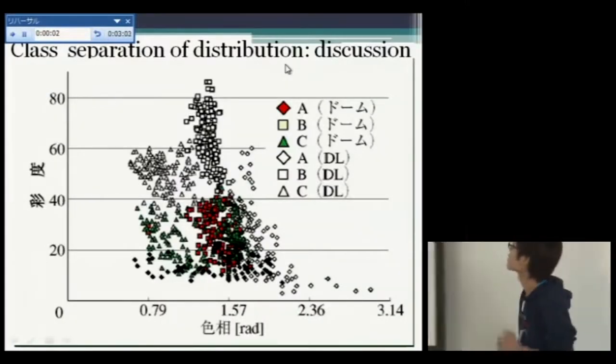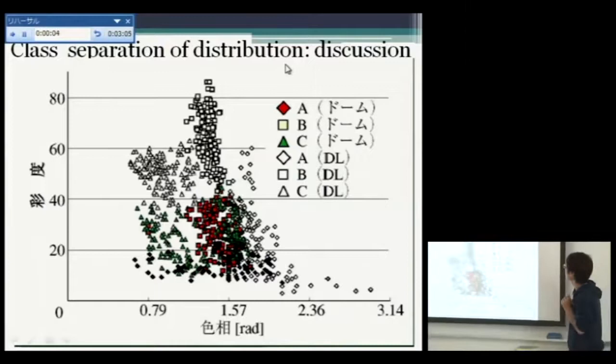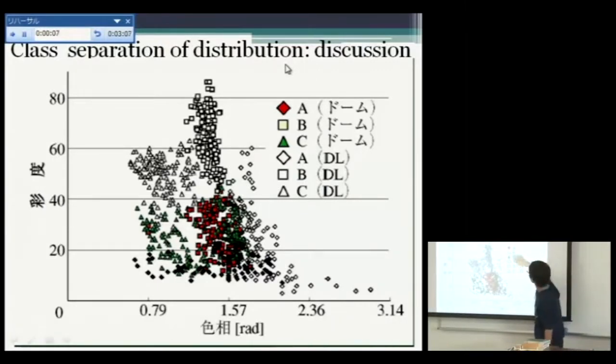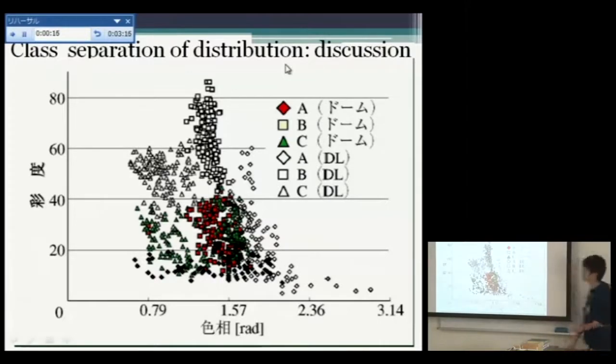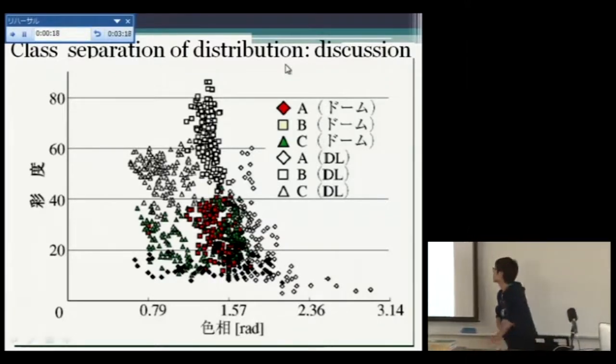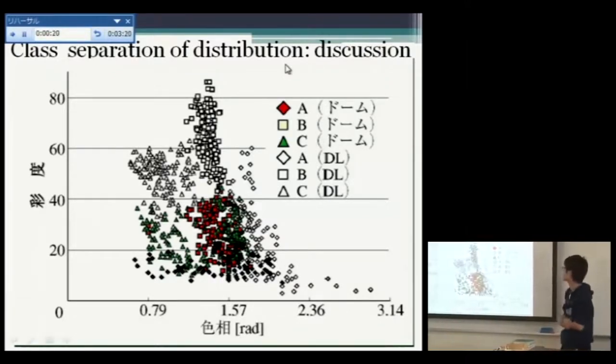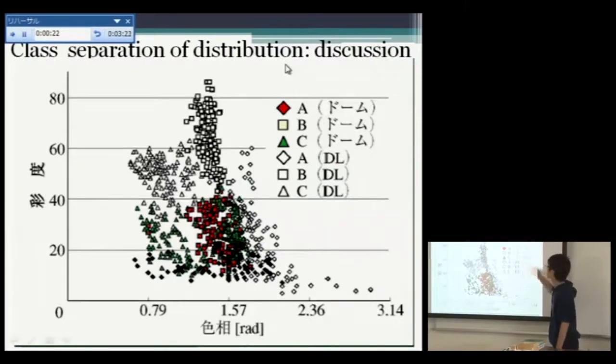And this is class separation of distribution. This color is dome data, and this is direct lighting data. And this is also, needless to say, the direct lighting system data is distributed widely, but the dome data is very narrow.